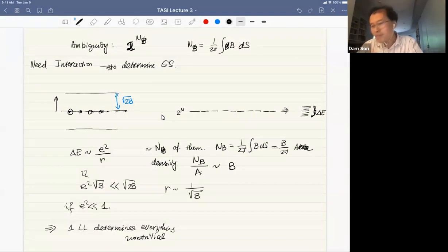And so basically they try to rearrange themselves within this Landau level, and then the interaction lifts the degeneracy, and we hopefully get some non-trivial ground state.